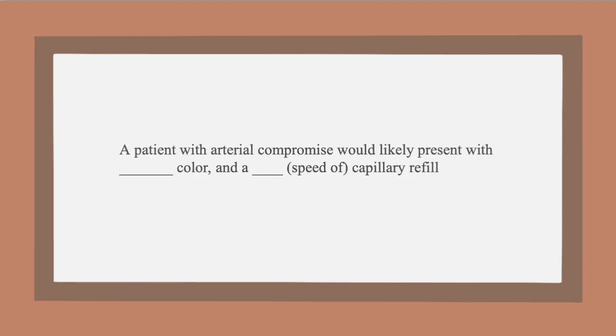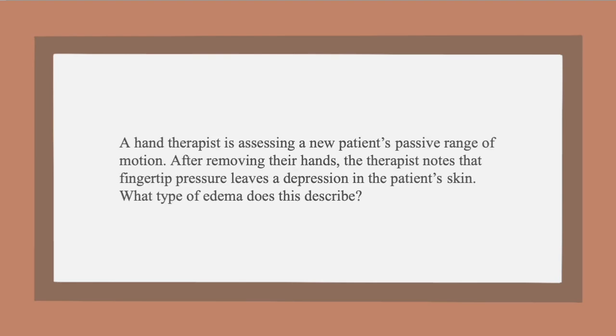When you think of arterial compromise, that means that the arteries are not working, the veins are working. So think about that and figure out what color it would turn based on that. When I think about this type of edema, I think about fruit, like a peach or an avocado.